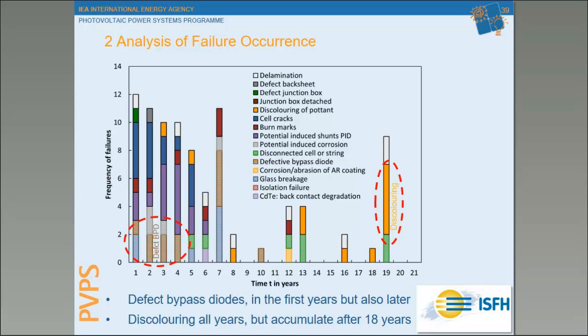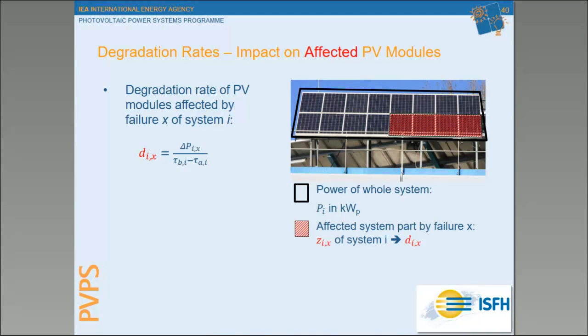Also defective bypass diodes, as you can see, and discoloring are occurring during all years, but there's an accumulation of discoloring, for example, in year 18 to 19.